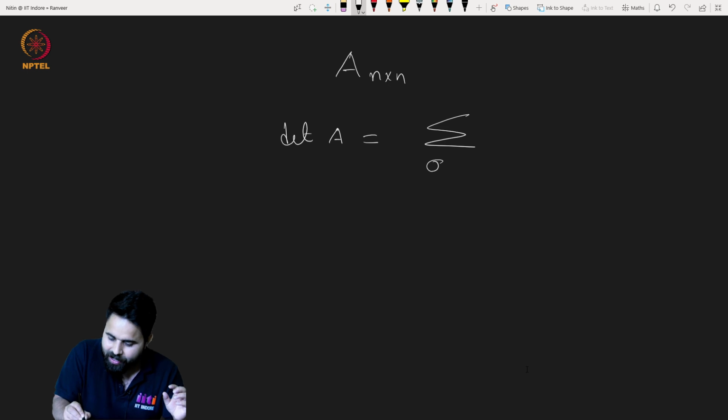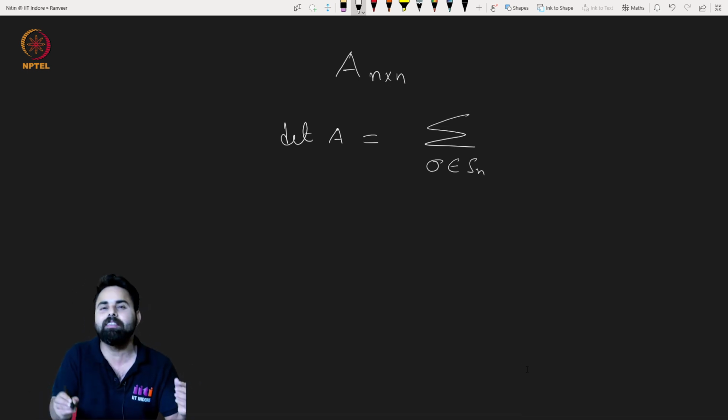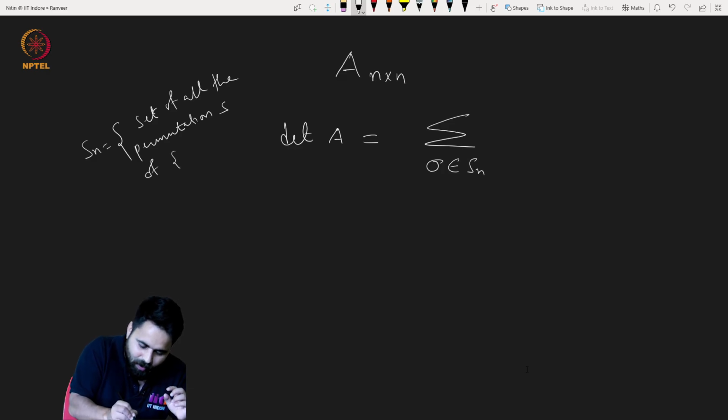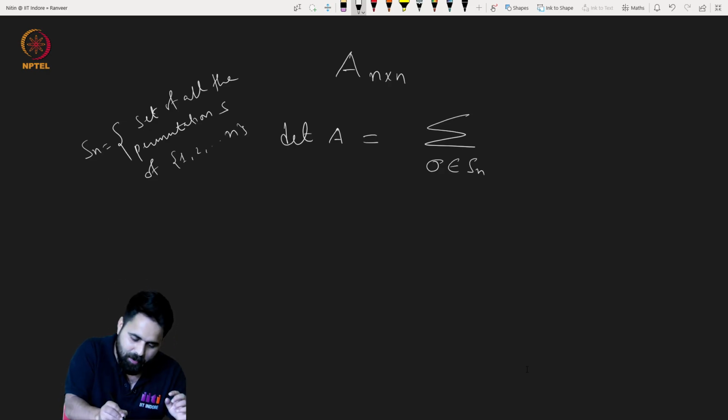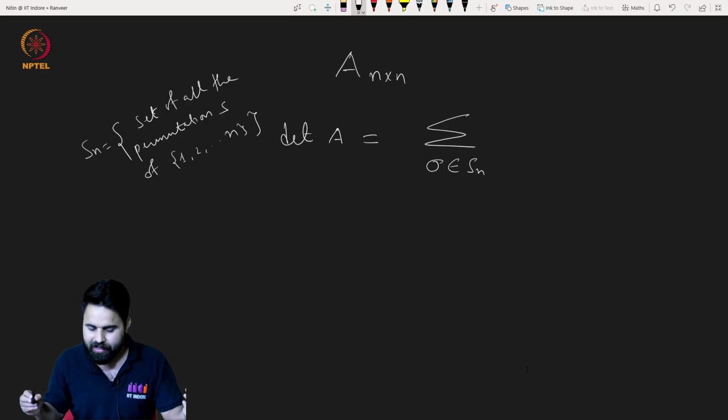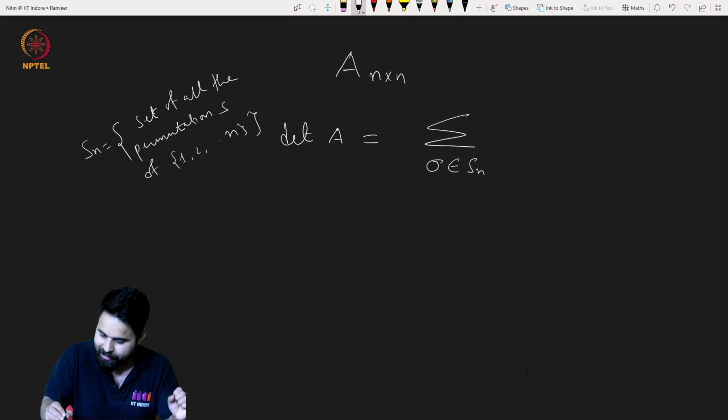Suppose sigma is one of the permutations, and Sn is the set of all the permutations of numbers from 1 up to n. We also call it the symmetric group. So Sn is the set of all permutations. Then we take the summation over all permutations of this.